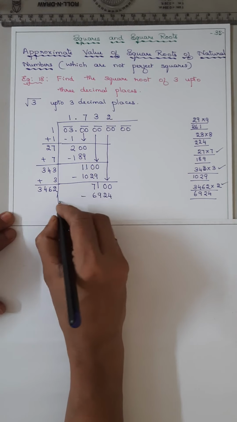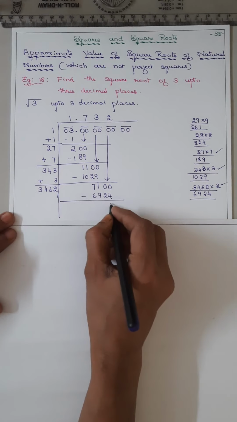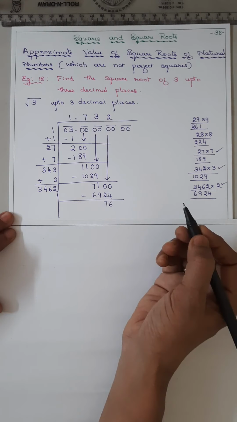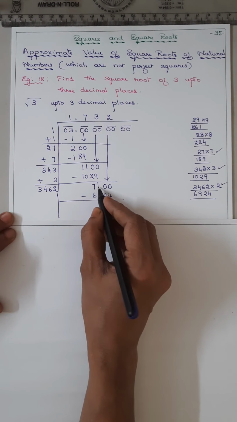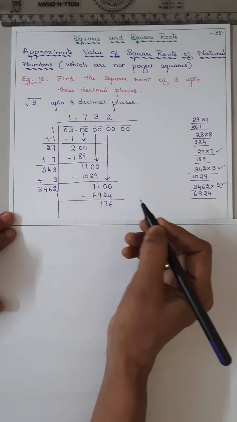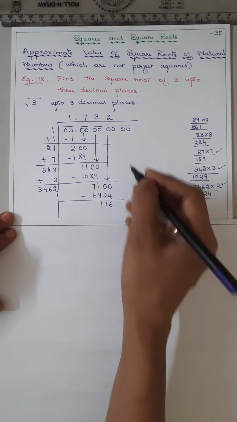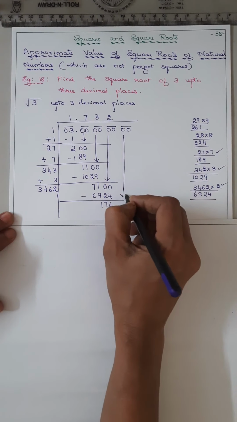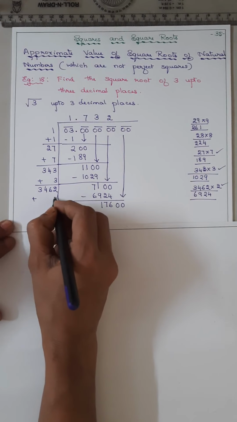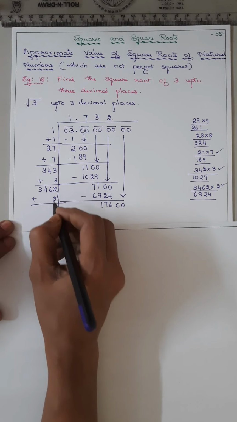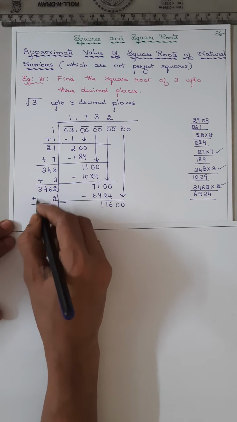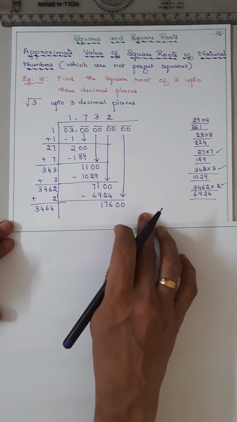Now you got 6 9 2 4. 10 minus 4, 6. 9 minus 2, 7. Now here it is 10, 0 means 10 minus 9, 1. 6 minus 6, 0. Now bring these 2 zeros down. Next step, add 2. 2 plus 2, 4. 6 as it is, 4 as it is, 3 as it is.